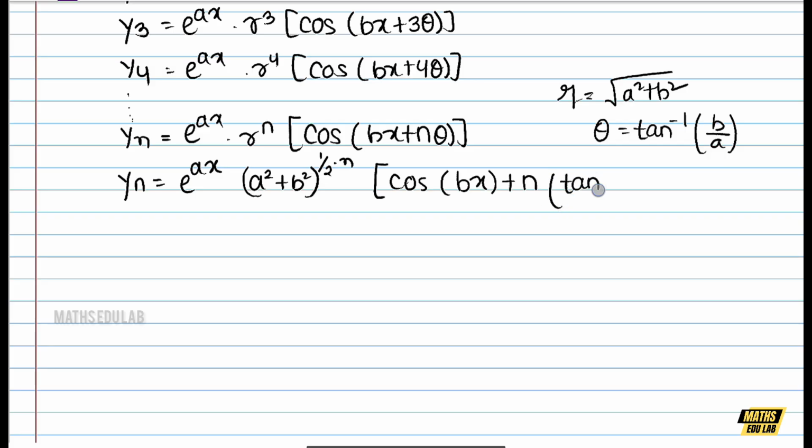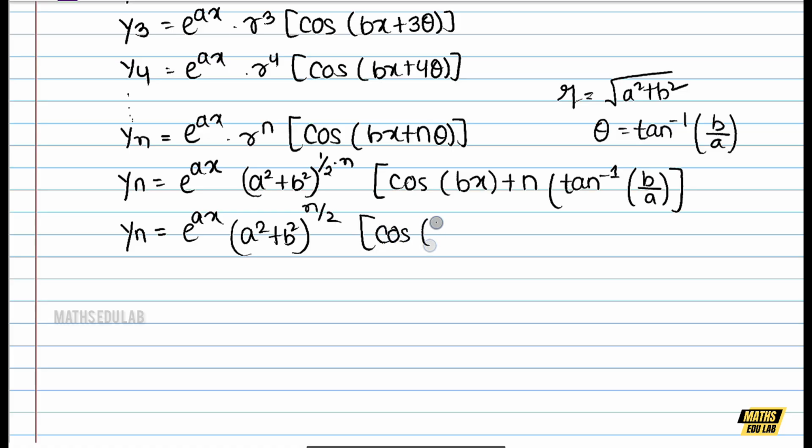Now on arranging this, I can write the nth derivative of this equation as e to the power of ax, then a square plus b square to the power n by 2, then cos bx plus n tan inverse of b by a. So this is the equation, the solution for the given equation.